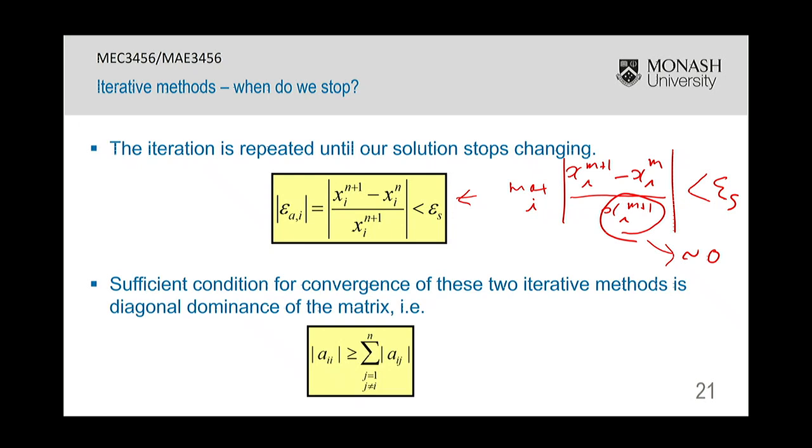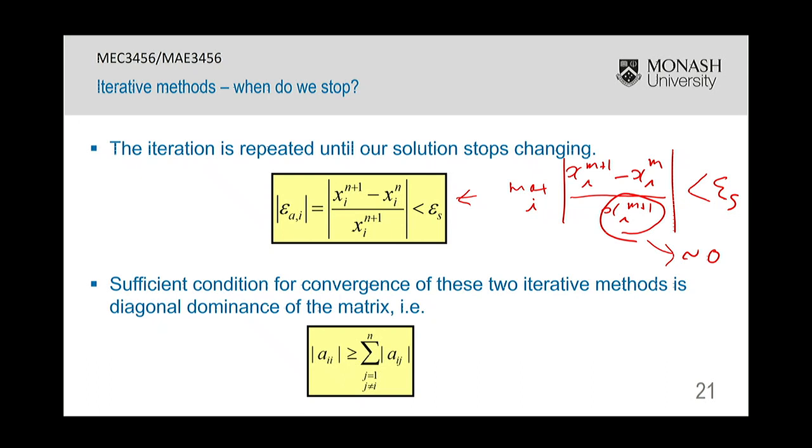So can we say anything about when we expect Jacobi and Gauss-Seidel to converge? Well, it turns out that you can. For both of these methods, a sufficient condition for convergence is that the matrix is diagonally dominant.